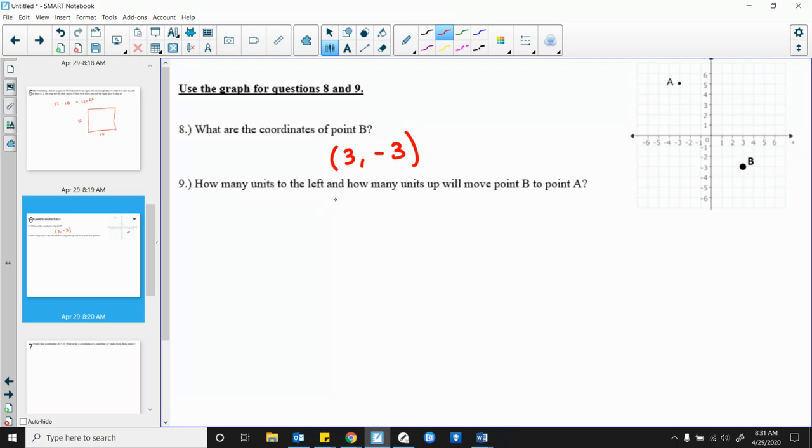To go left, we have to go 1, 2, 3, 4, 5, 6. So left 6 and up 1, 2, 3, 4, 5, 6, 7, 8. I know that's not very clean, but it's hard to do on this little tablet. So up 8. All right. So to go from B to A, you have to go left 6, up 8.